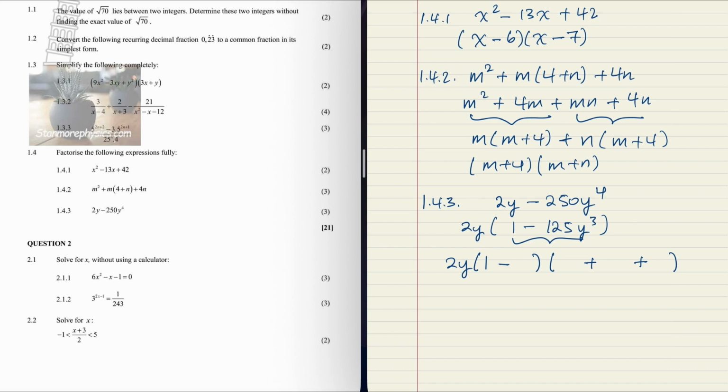The cube root of 125y cubed is 5y. Now the next bracket is simply made using the previous bracket. So 1 squared is 1, 5y squared is 25y squared, and the middle term is simply the product of these two. So 5y times 1 is 5y. And that's our final answer.